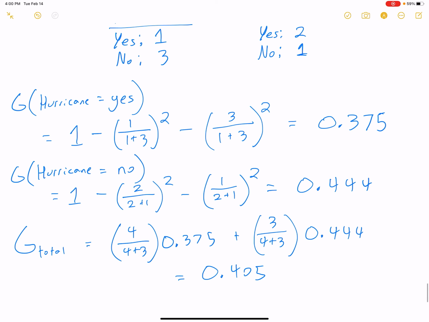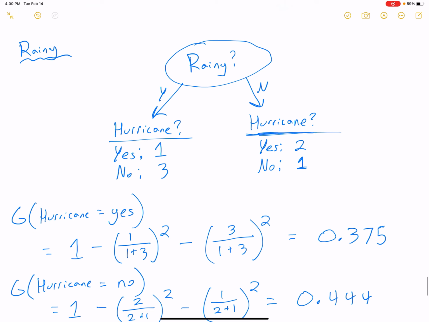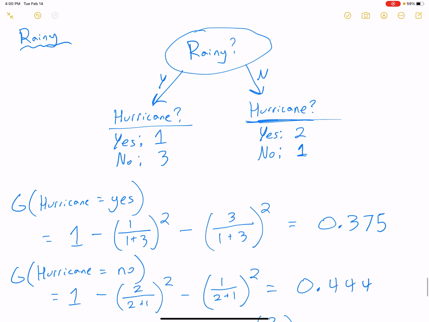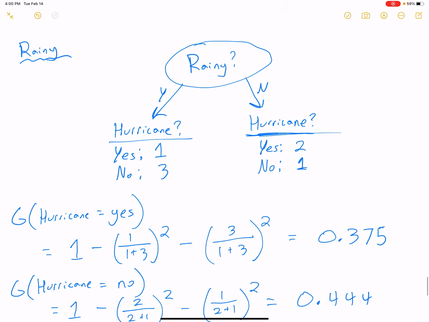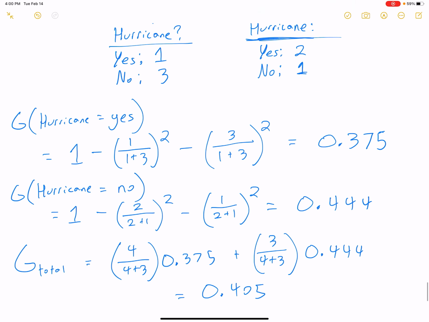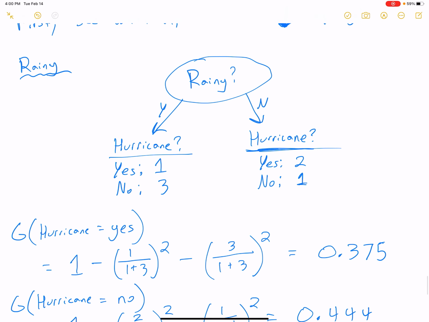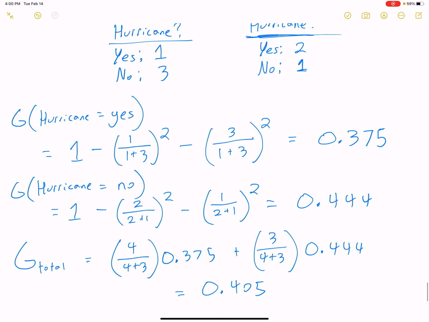So we have a metric that roughly means the opposite direction of information gain, and we calculated that when we split on rainy. So we got those numbers using the formula above.